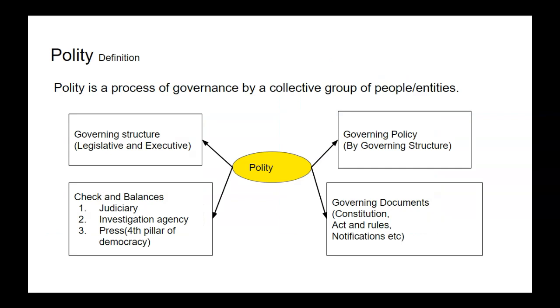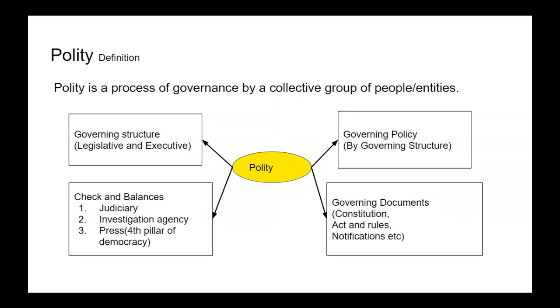In governing documents, there are constitution, acts, and rules and notifications, and these were issued by the governing structure. And the fourth component of polity is check and balances. In this component you will find judiciary, investigation agency, and press. And press is also considered as the fourth pillar of democracy.